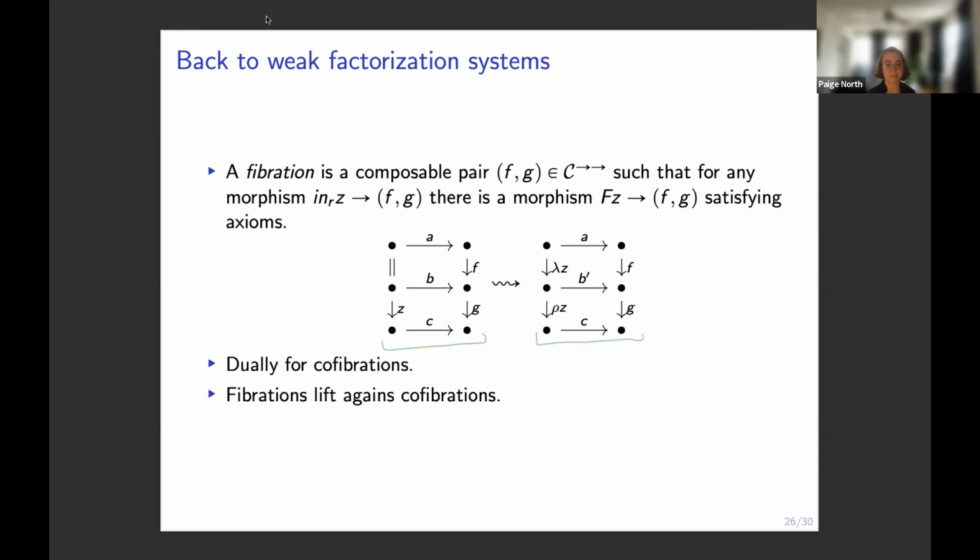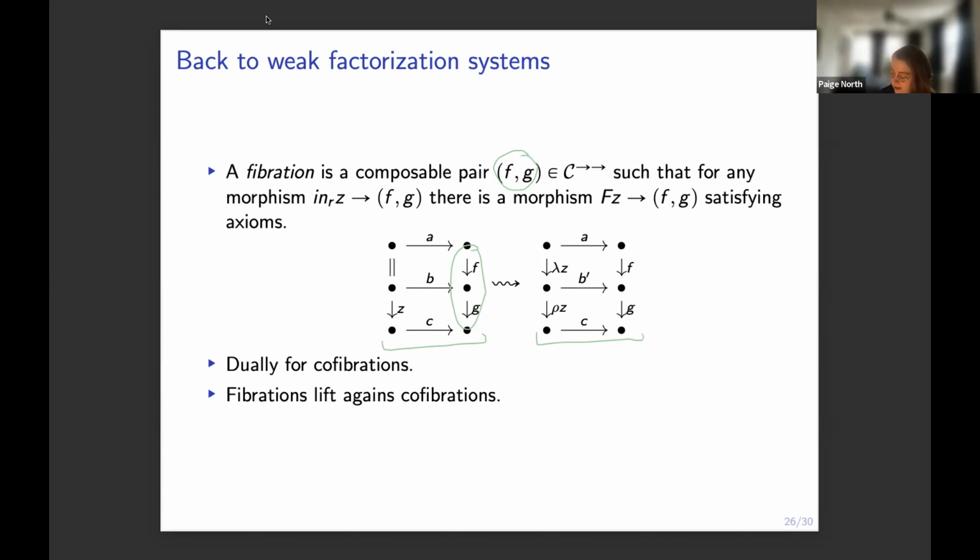And you might note this looks very similar to the diagrams that we had before. We are asking that a pair FG behaves like a factorization lambda rho, like we had in the previous slide, in order to be called a fibration. Okay, and then we have the dual definition for cofibrations, and we can show in this theory that fibrations lift against cofibrations.